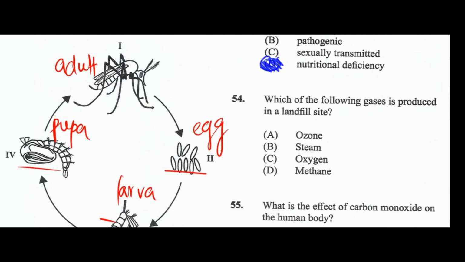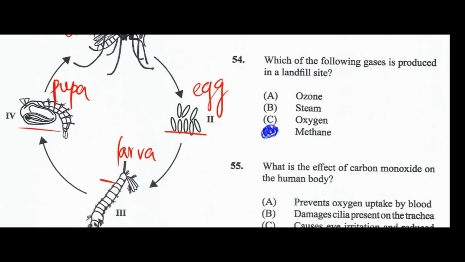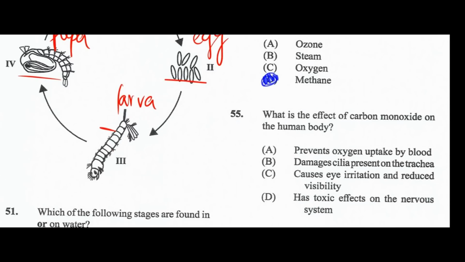Which of the following gases is produced in a landfill site? I'll go with methane. Yeah, definitely not steam or ozone. And oxygen is a no. Which is the effect of carbon monoxide on the human body?